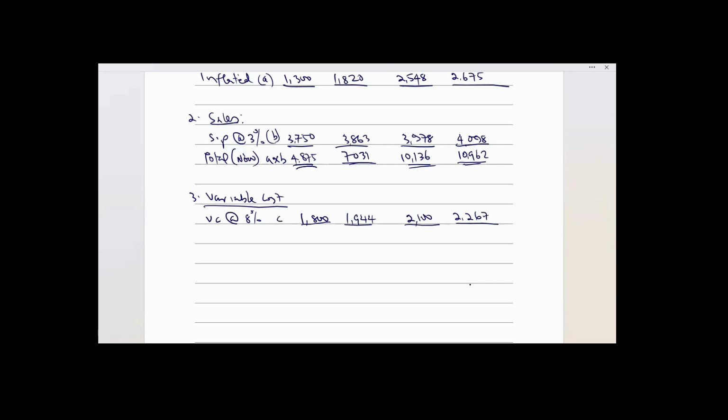So this is C. Then total variable cost in thousands will be equal to A multiplied by C. So what do you get?